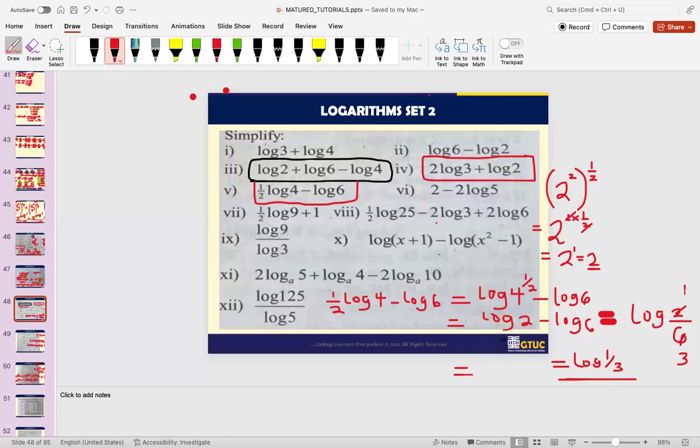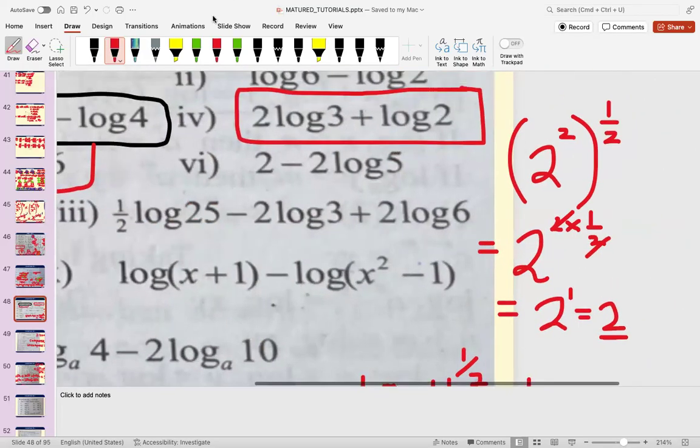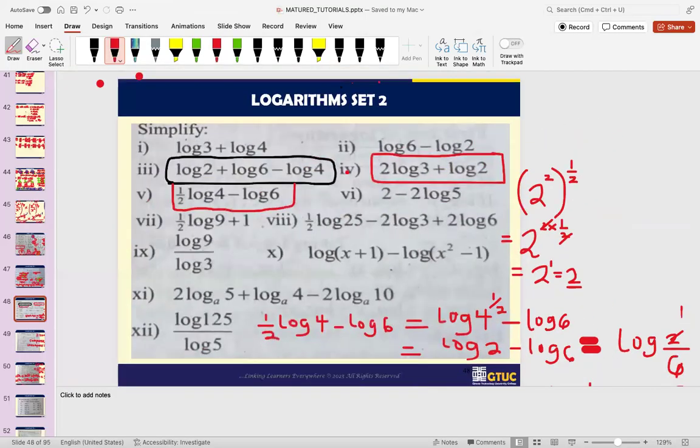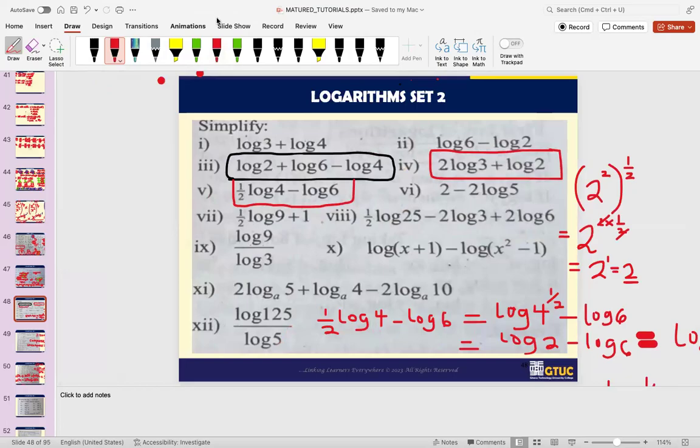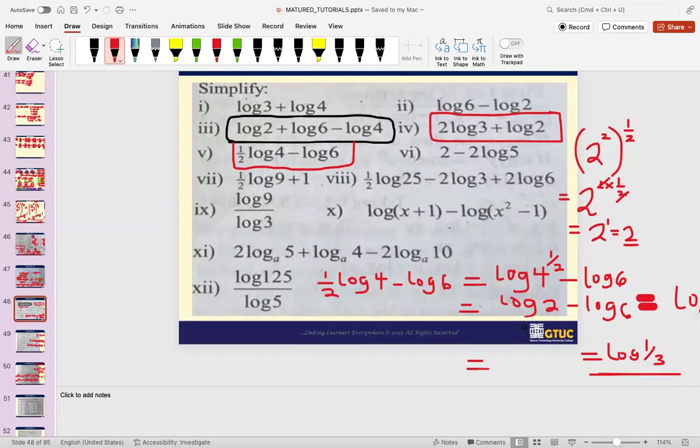Yes, Jonathan, let me unmute you and then you can ask your question. Go ahead. Sir, I want to know whether the final answer, log 1/3, can be written as log 3 to the power -1, right?